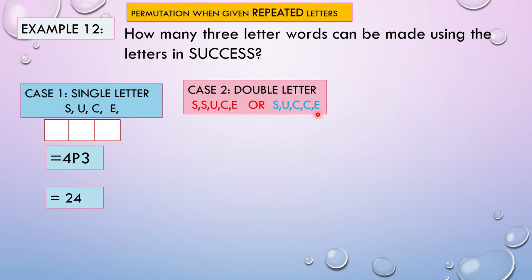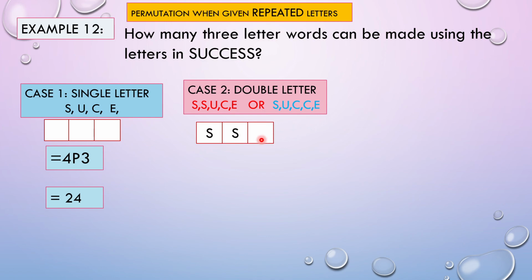Here, since we have 3 S and 2 C, I'm going to break this into 2 sets, but just double letter. So we have 2 S, one set, and then the other set with 2 C.